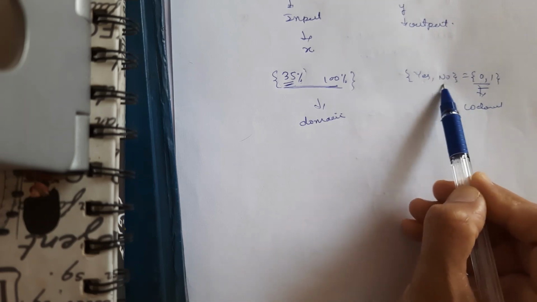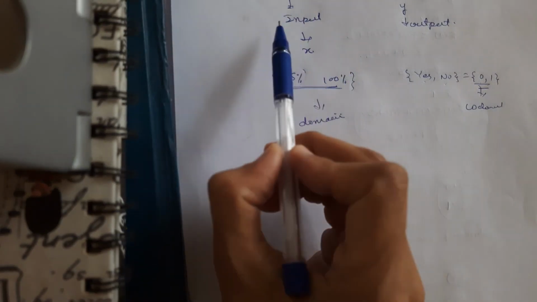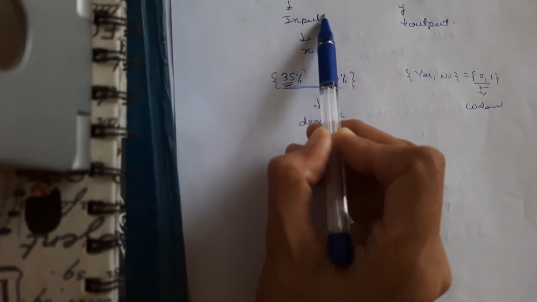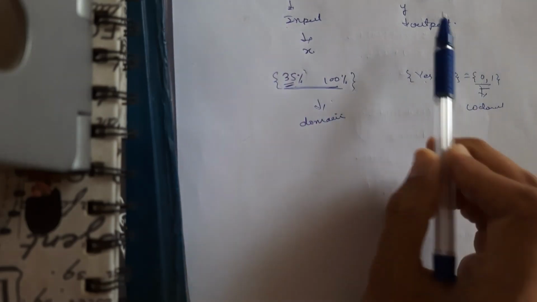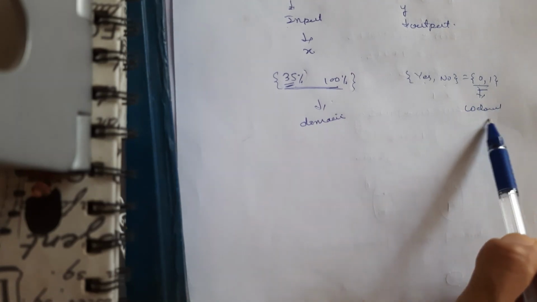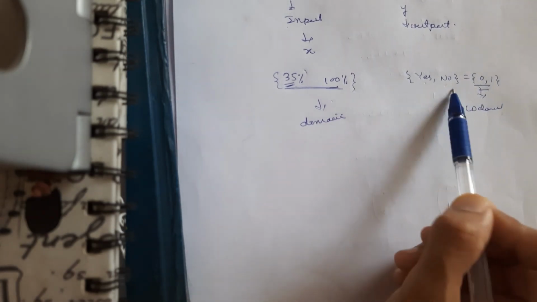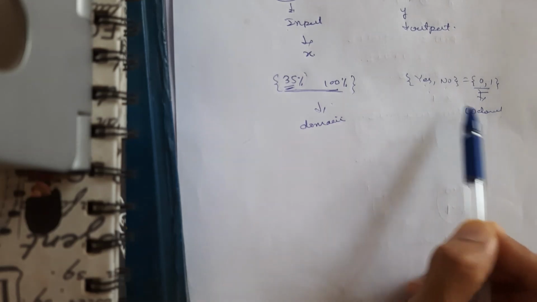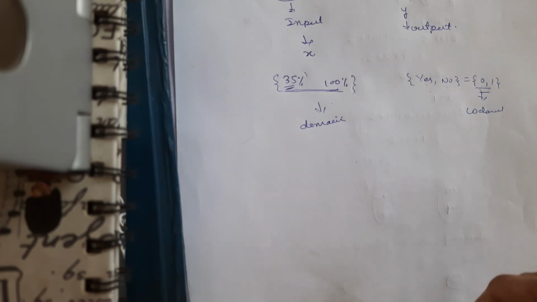I either get yes or I get no. So that's how a function is. All possible values of your input X are called the domain. All possible values of your output are called the codomain. And if only a few values from your codomain are used, then that is called the image or range of the function.